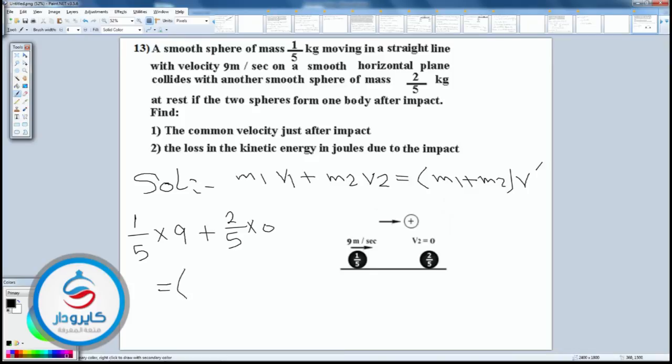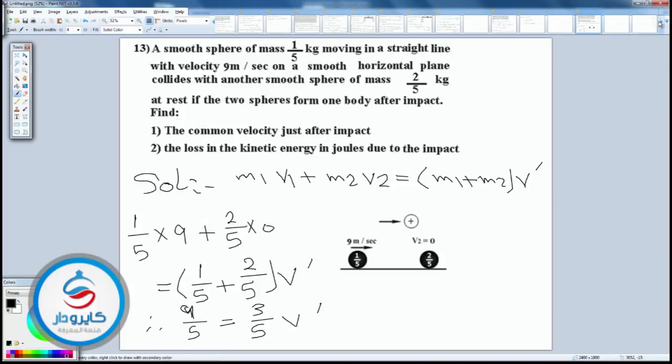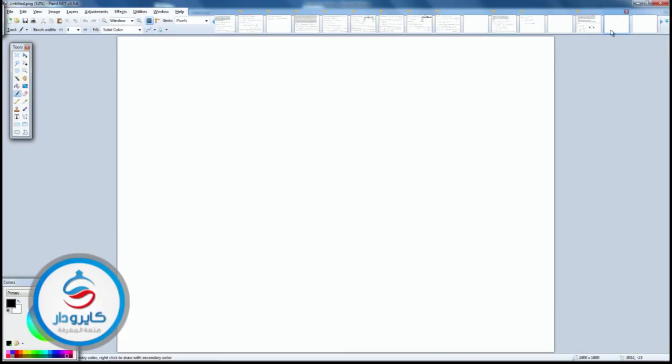Therefore 9/5 equals 3/5 V dash. Therefore V dash equals 3 meters per second.